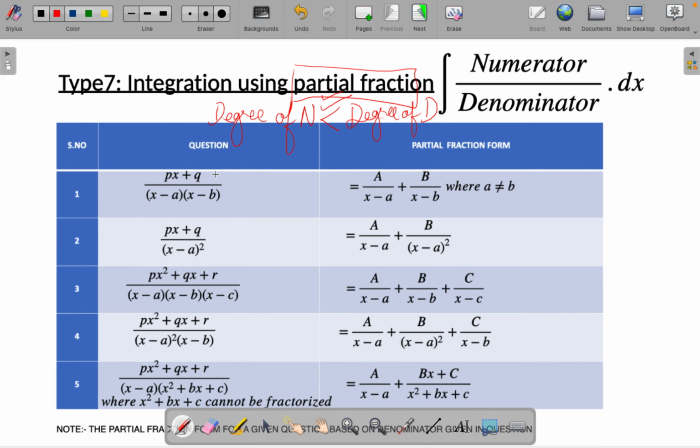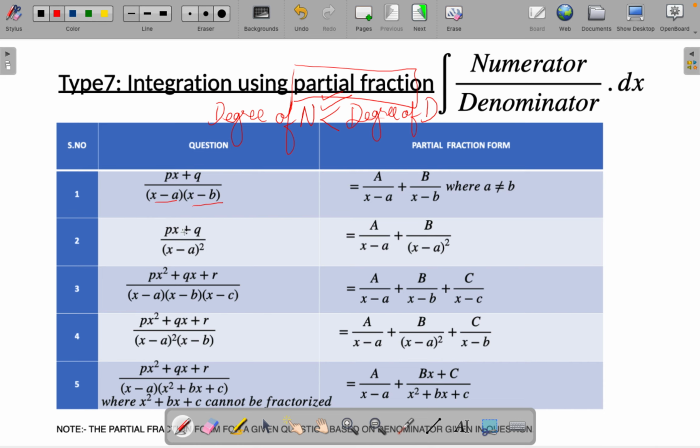If a question is linear upon two linear factors, or a quadratic with two separate factors, then the partial fraction will be A upon the first factor plus B upon the second factor, where obviously A and B do not match.